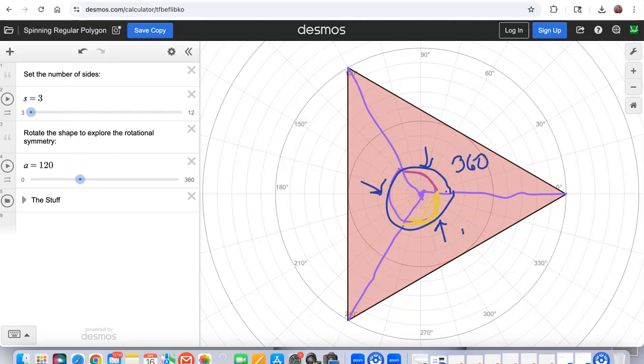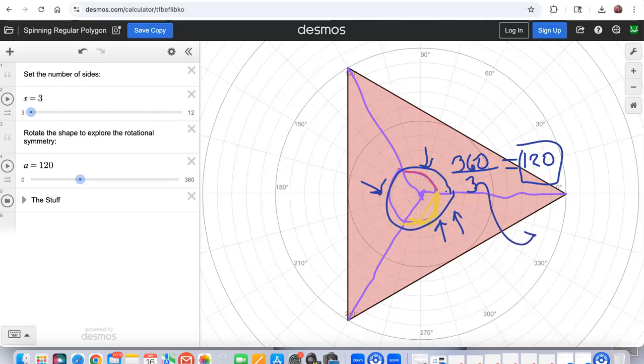Well, how do we find these individual angles then? I want to know what each angle is. Well, it's three angles, and since it's an equilateral triangle, you could divide this by 3. So 360 divided by 3 is 120. And that's how we arrive at this number. That's really what we're doing.